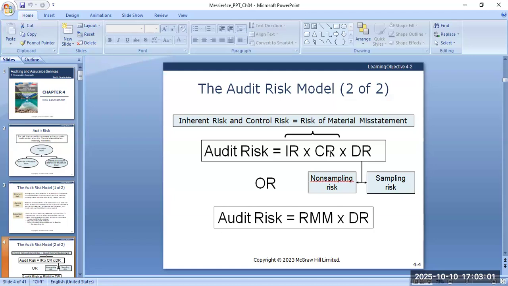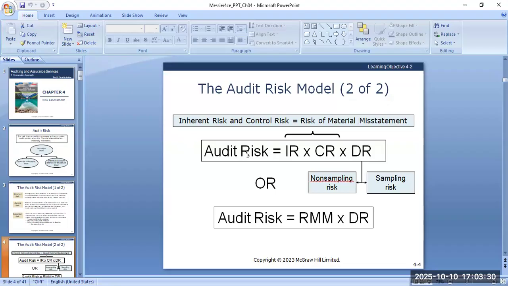We can identify them, we can assess them, we can test them, and we can confirm them. But there's not much we can do about it. On the detection risk, that's where the auditor comes in. So if the inherent risk is low and control risk is low, then the detection risk can be high.